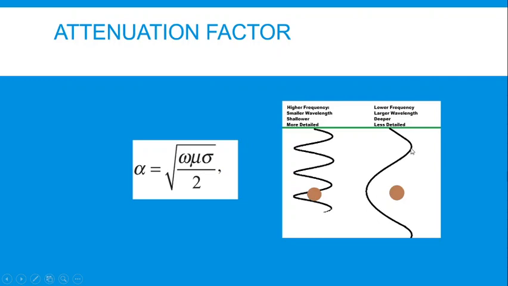But it is also stretching as the depth is increasing. So the deeper the target, the larger the dimensions it has to have to be detected in accordance with the wavelength by 4 rule.